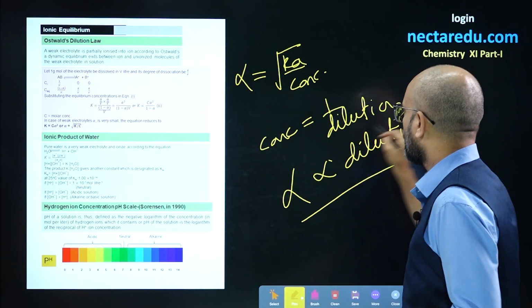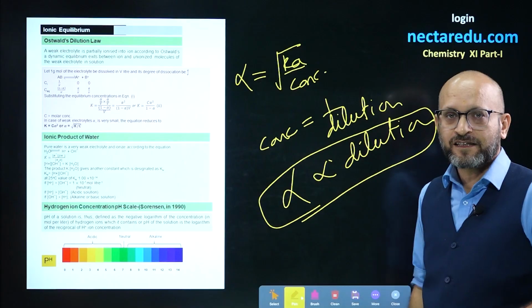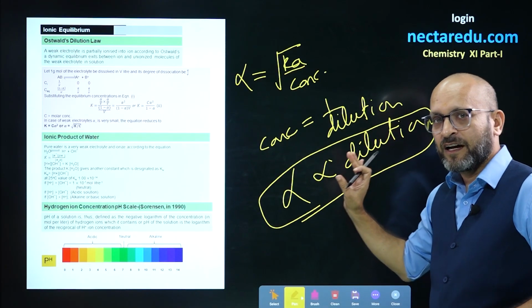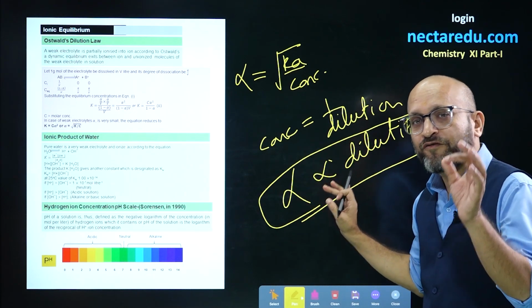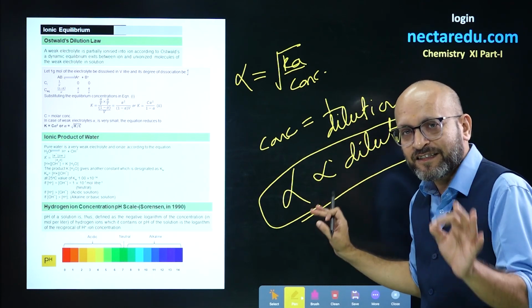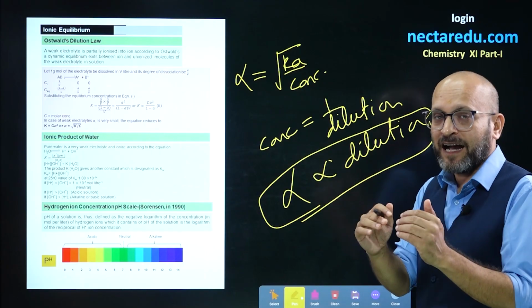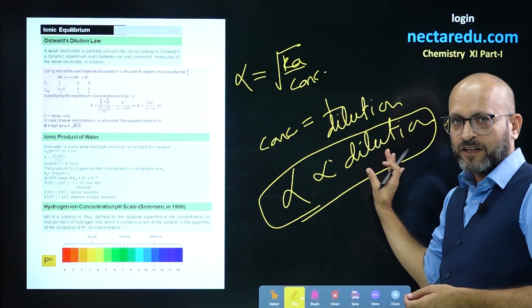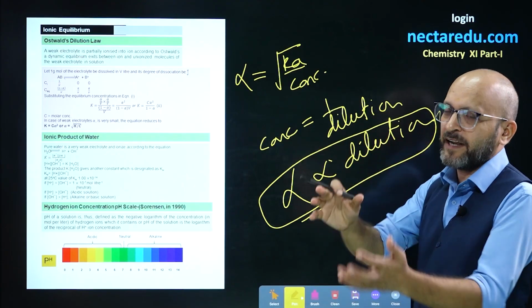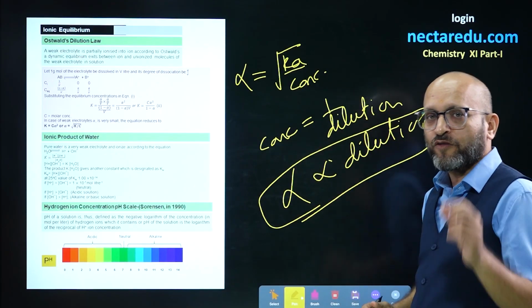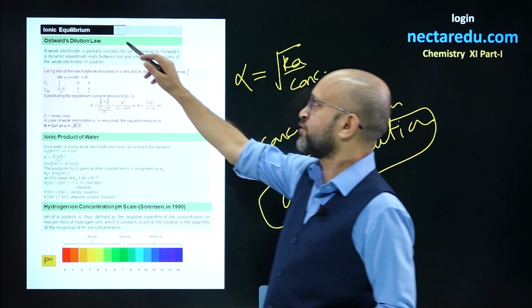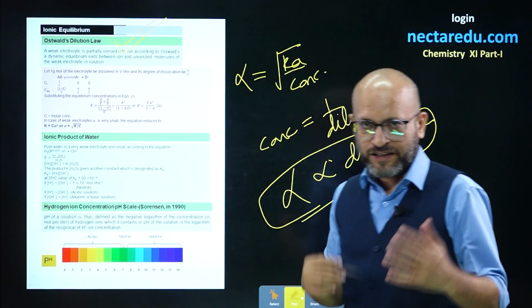That is what Ostwald dilution law is: higher the dilution, higher will be ionization of a weak electrolyte. Weak acids or weak bases will be highly ionized at lower concentration or higher dilution. You keep adding water, and the ionization of weak acid or weak base keeps increasing.